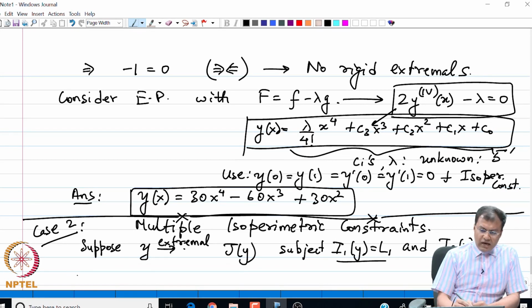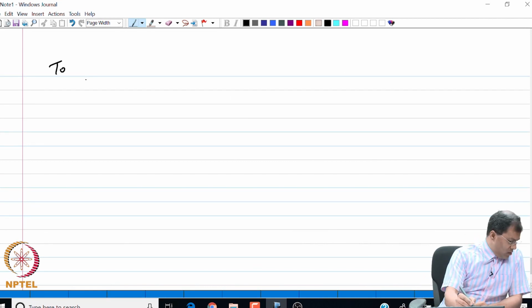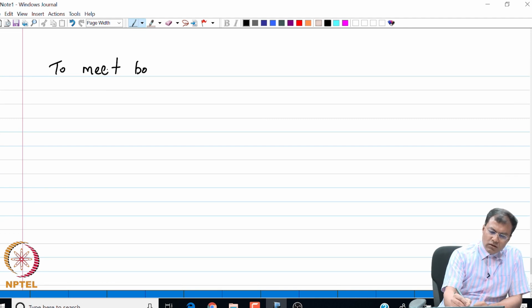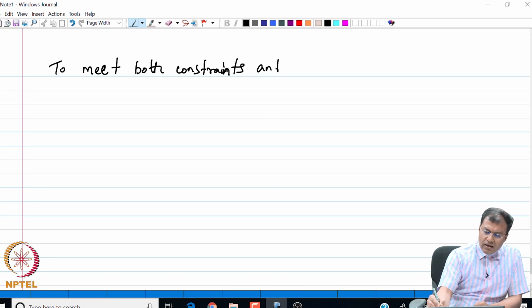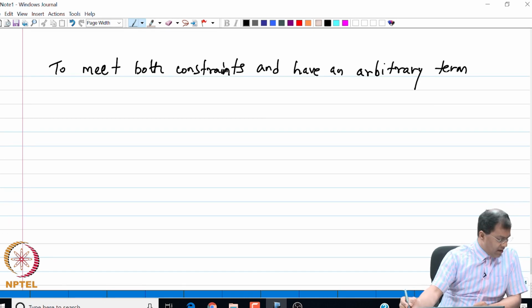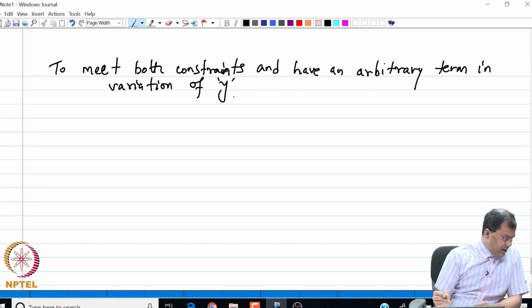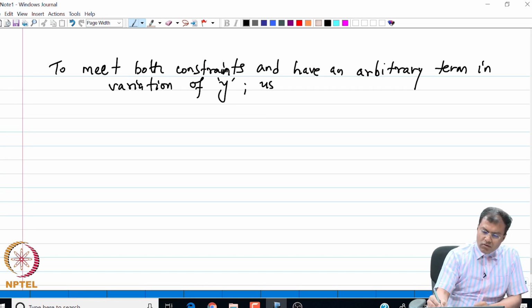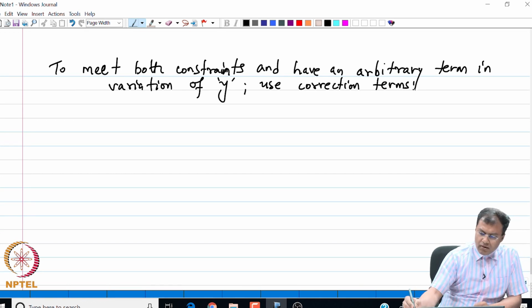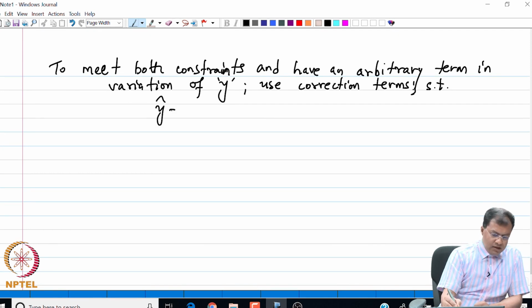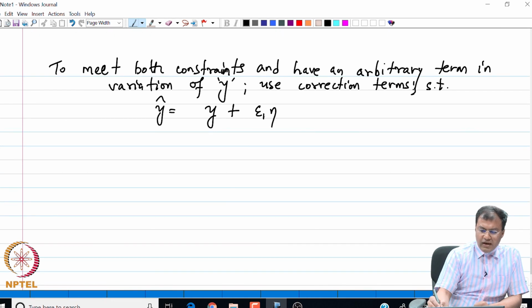So, what I just said is the following: to meet both constraints and have an arbitrary term in the variation of y, we use correction terms. y hat, which is the perturbation of y, is as follows: epsilon 1 eta 1 plus epsilon 2 eta 2 plus epsilon 3 eta 3, right.